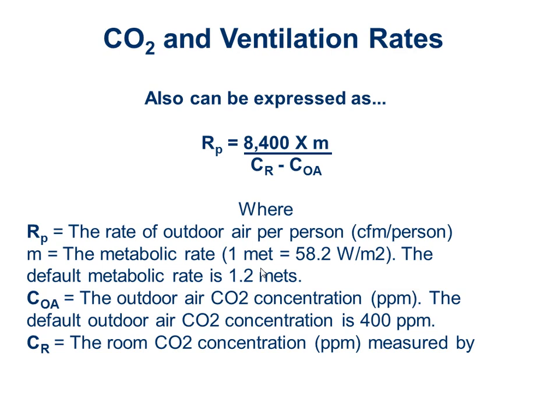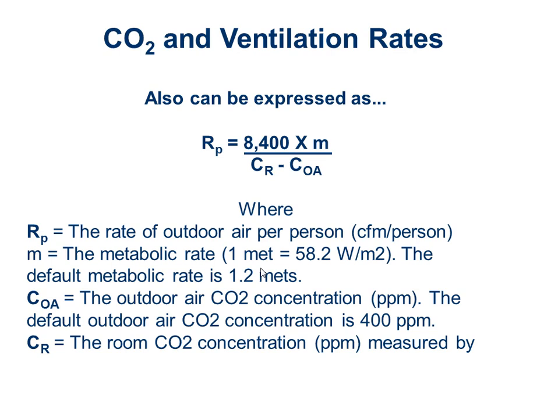Then to find the rate per person, I divide that by the difference in CO2 levels. Let's say it's 1,100 inside and 400 outside. That's a difference of 700. So if I divide that 10,000 by 700, I come up with 14 CFM per person.